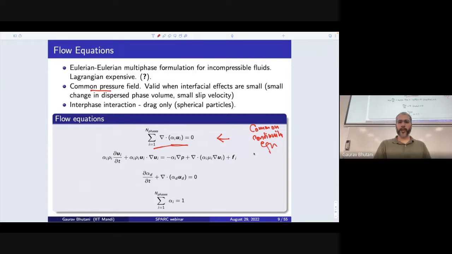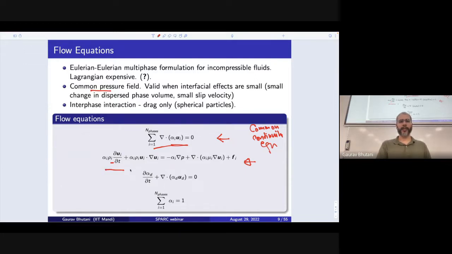Next is our momentum equation. Since we have two phases, gas and liquid, we have two different momentum equations. Here the subscript i denotes the phase. So i can be equal to C, that becomes the continuous or liquid phase, and i can be equal to D, that becomes the dispersed or gas phase. Again, it looks very similar to the Navier-Stokes equation.